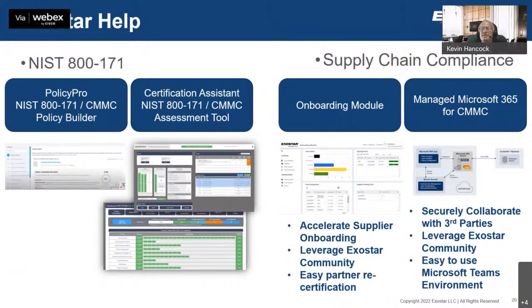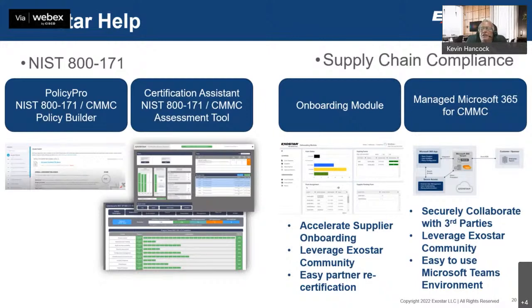If you need help building the policies you need to implement around 800-171, or help with an initial assessment of how you're doing with 800-171, and then lead into CMMC, Exostar has two applications: Policy Pro, which helps you build those policies, and Certification Assistant, which allows you to do a self-assessment of how you're doing against those controls.